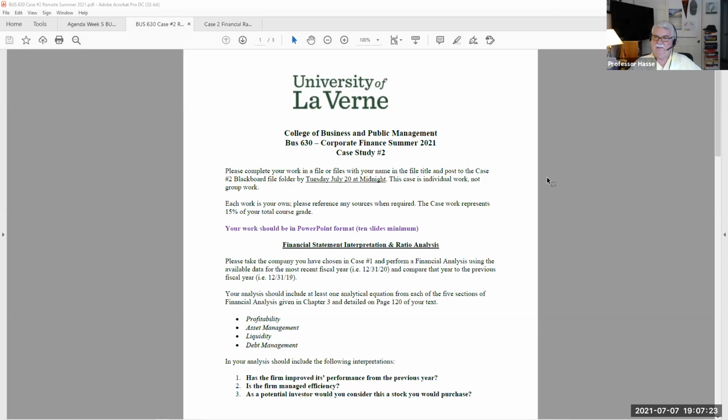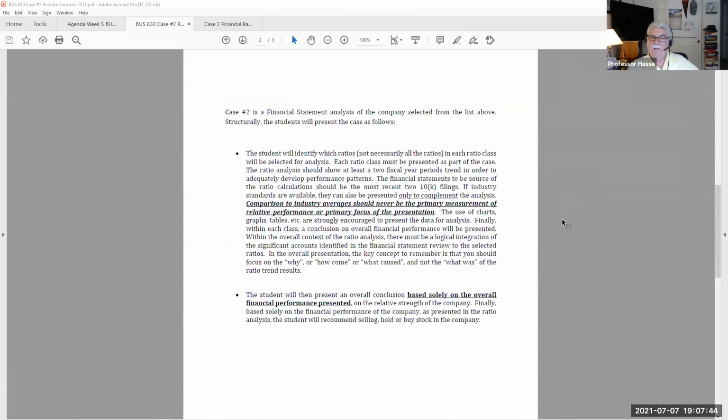Same thing holds true in case number 2. You're going to take that same company and you're going to look at the numbers in 4 key areas: profitability, asset management, liquidity, and debt management. And then you are going to interpret that. What does it tell you about this company? Is this company running on all cylinders?